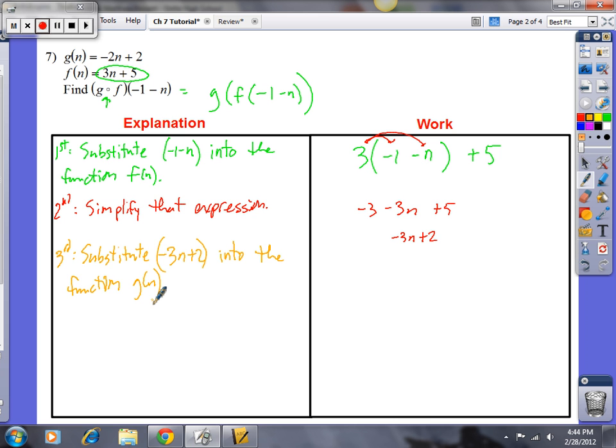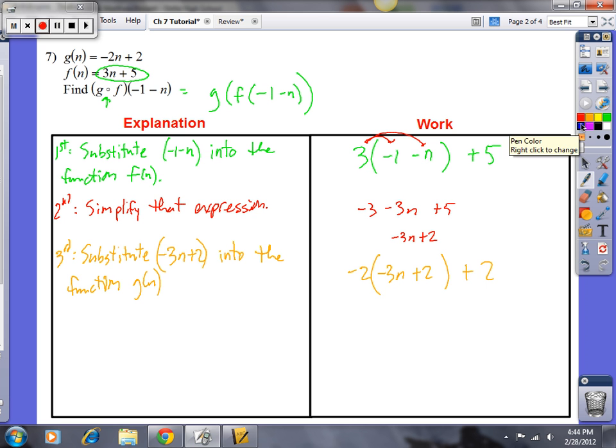And let's show it with our work. So the rule for g says this: whatever you substitute in, you're going to times it by negative 2, and then you're going to add 2. So negative 2 times whatever I sub in plus 2, and I am subbing in a negative 3n plus 2.